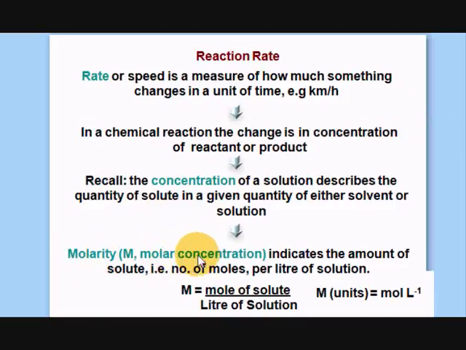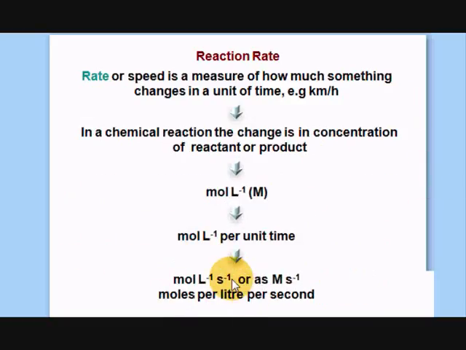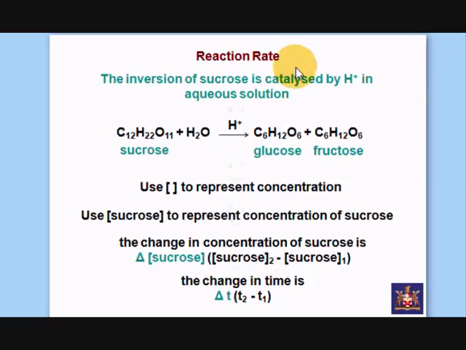Molarity is the unit that we use for concentration, so it's the change in molarity that we use to compare and contrast reaction rates. Rate always involves time, and the reaction rate is defined as moles per liter, L to the minus 1, per second, or as moles per second.